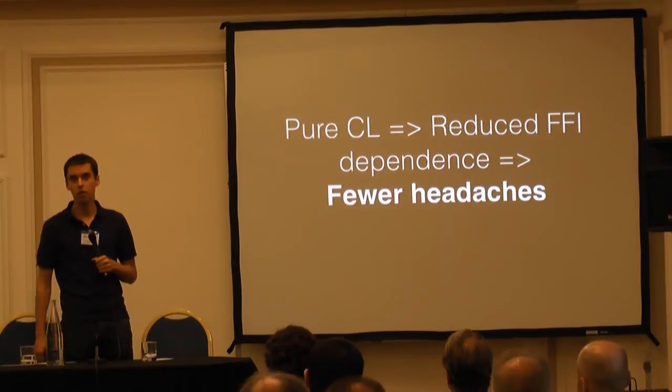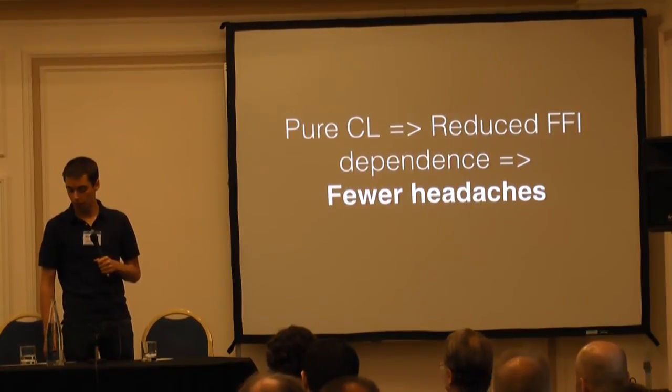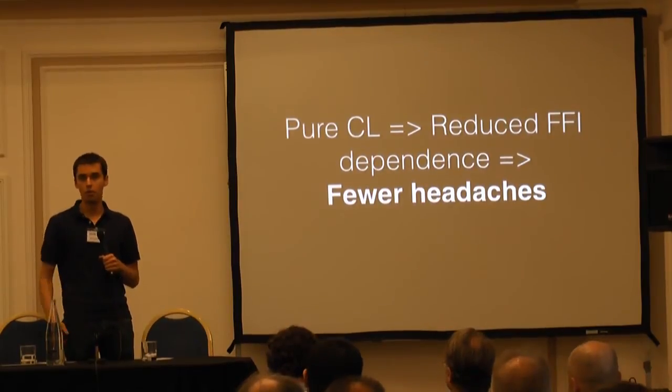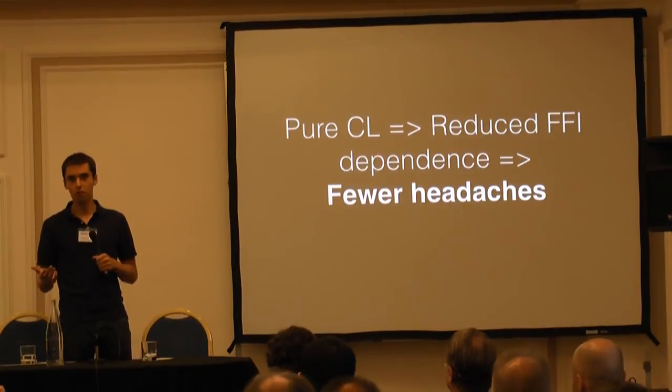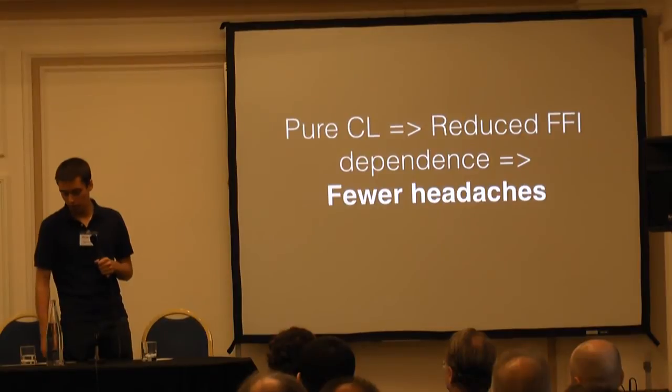So, one more plus. The other thing I wanted to mention is that you tend to see more pure Common Lisp code. In other languages, very often people just wrap C libraries or what have you. I think partly this must be due to performance. You don't have to jump out of Common Lisp as often.